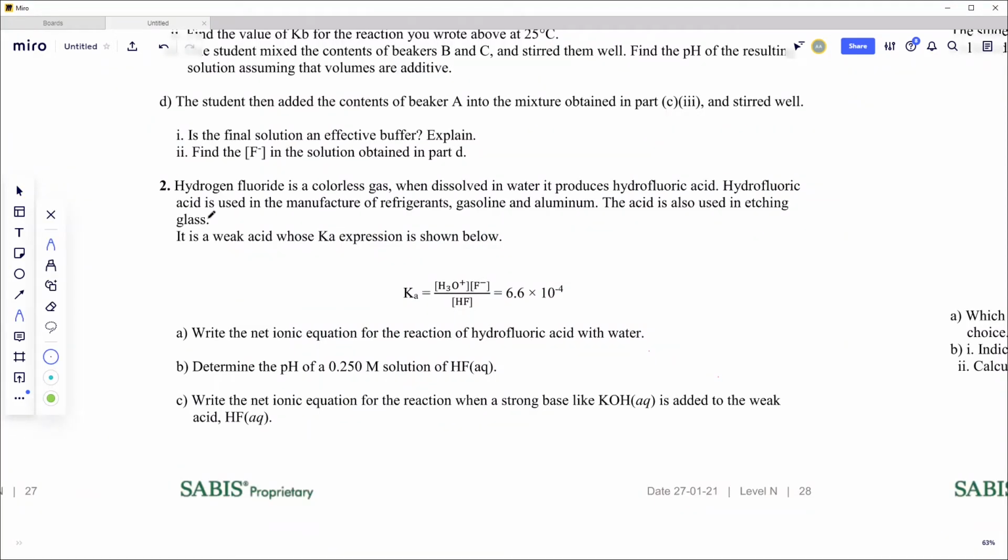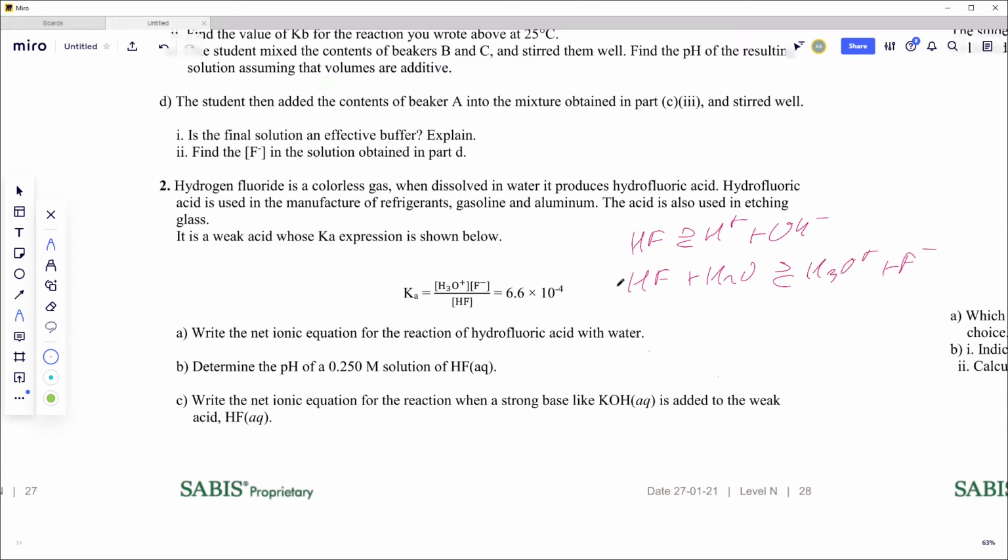Okay, so for number 2, part A is asking for the net ionic equation of the reaction. We can think of it as products and reactants, and HF dissociates to give H+ and F-. But here they have H3O+ because they're using water in their equation, so you can write either form, and for the sake of balancing, it will be this.